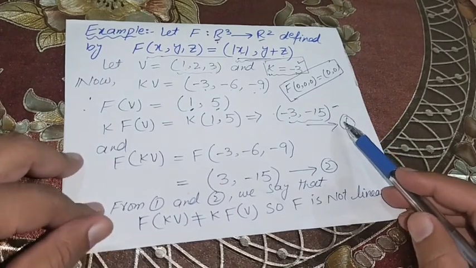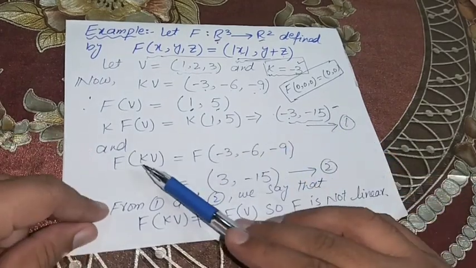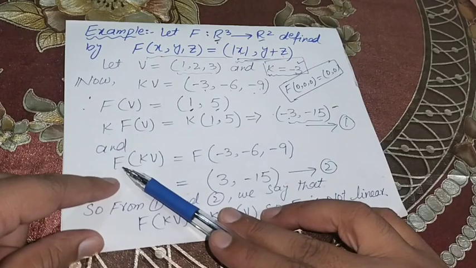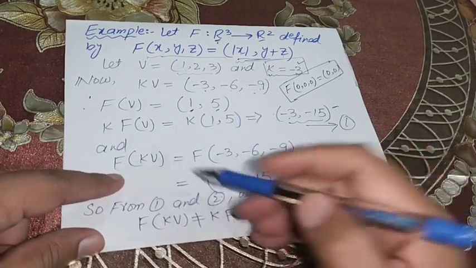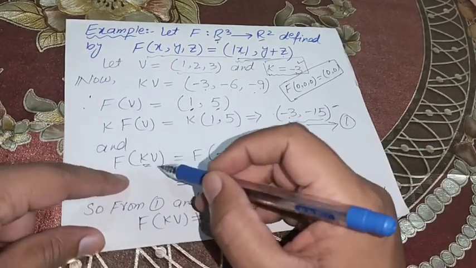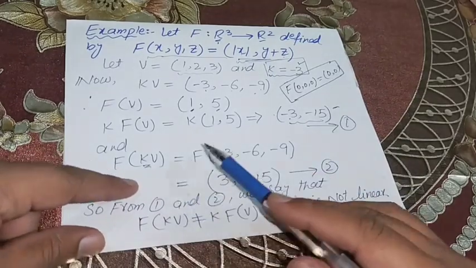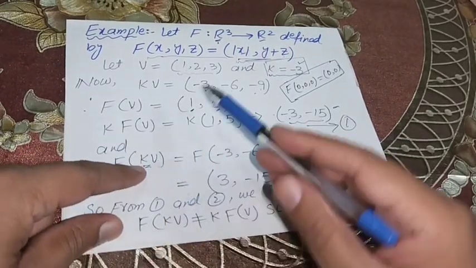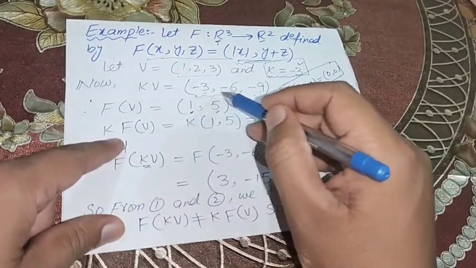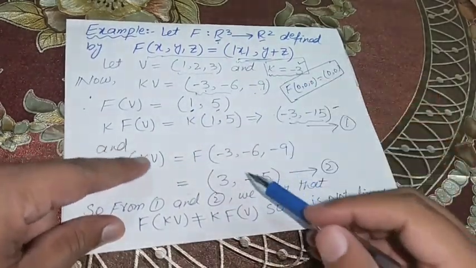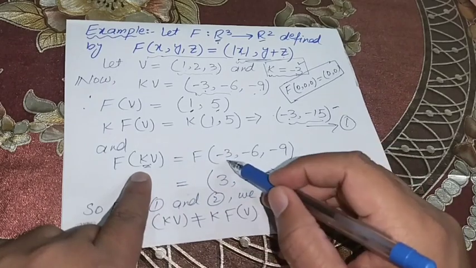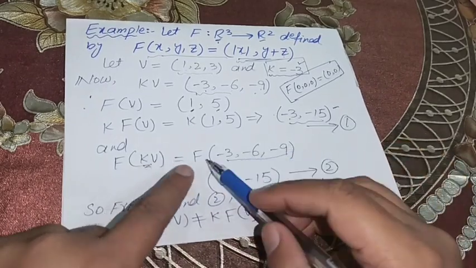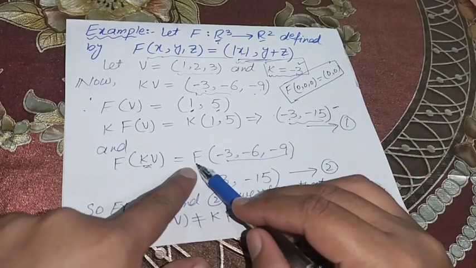Now we apply f to the scalar multiplication kv. We already defined the product of k and v as (-3, -6, -9), and we put it here.